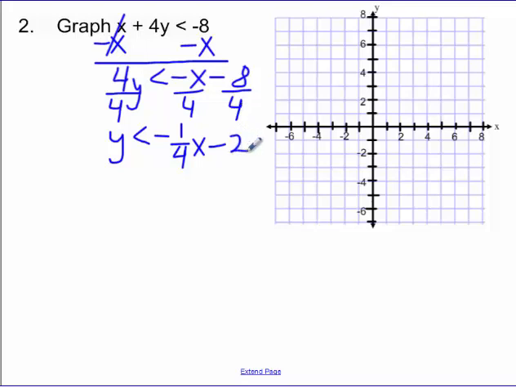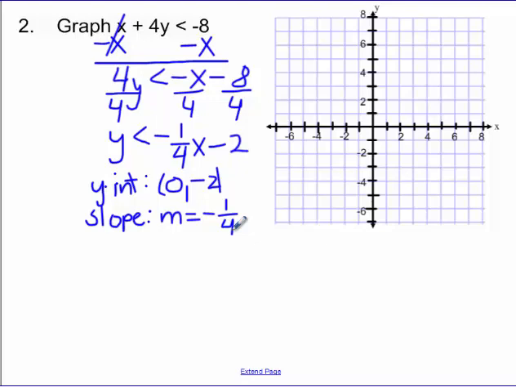Okay, so let's graph. Identify your y-intercept and your slope. Our y-intercept is (0, negative 2), and our slope is m equals negative 1/4. So we plot (0, negative 2) on the y-axis, and we're going to use our slope to get some more points. Since it's negative, we go down.